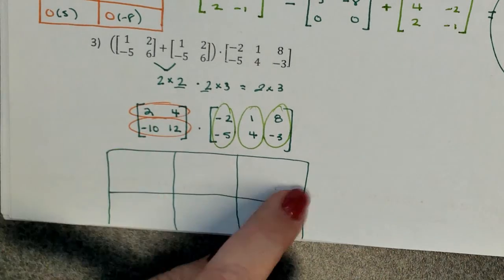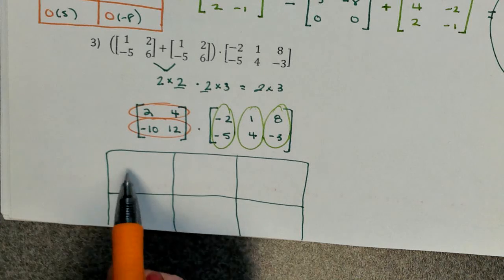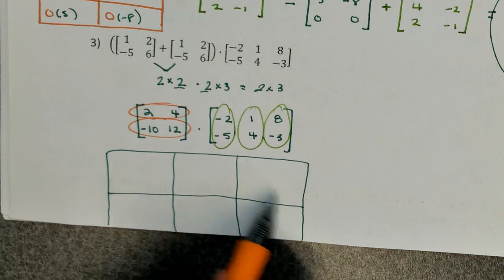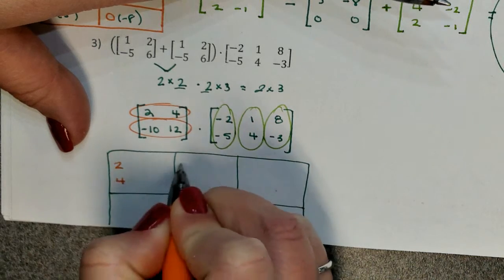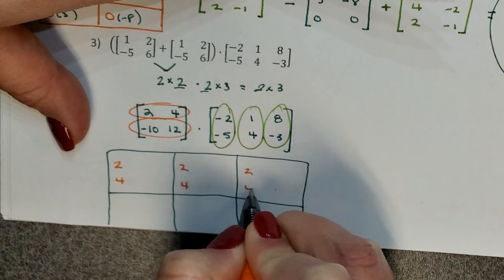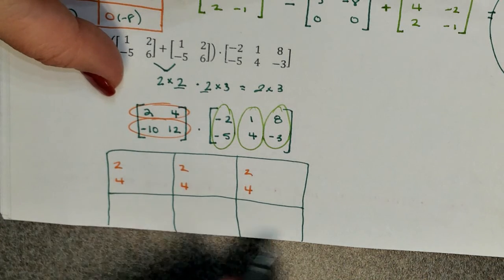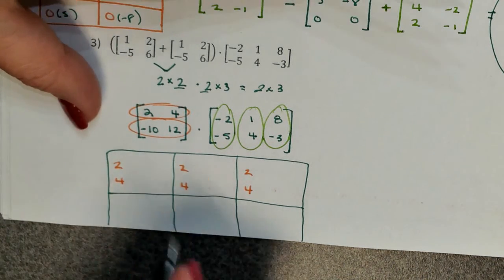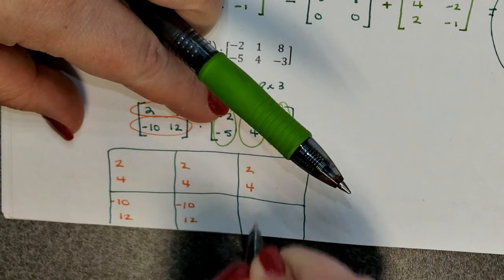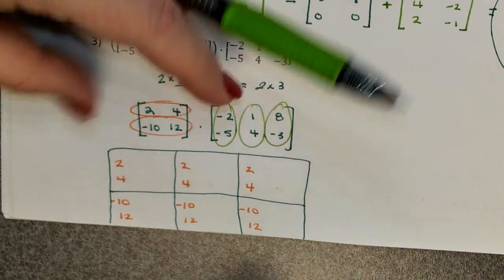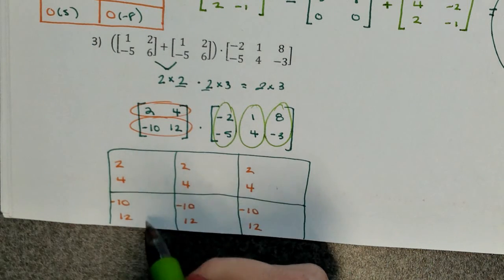In the top row, what numbers do we use? 2 and 4. Top row was 2 and 4. So each of those boxes gets a 2 and a 4. Okay, across the bottom row, what numbers do we use? Negative 10 and 12. All right, first row. What numbers do we use in this first row?